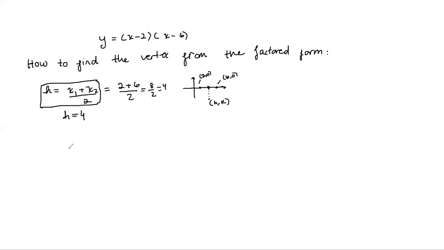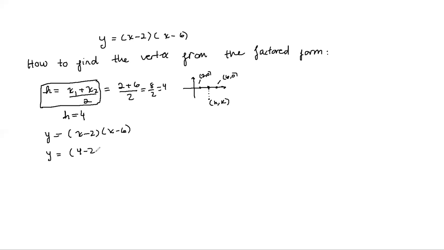Now, given that h equals 4, is it easy for me to find the value of k? Of course. How do I do that? I plug it into the formula, the rule. Y is equal to x minus 2, x minus 6. So now I want to find what is the value of y when x is equal to h. In this case, x is equal to 4.